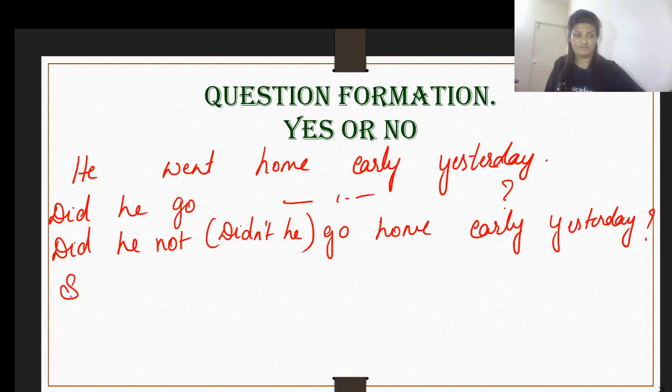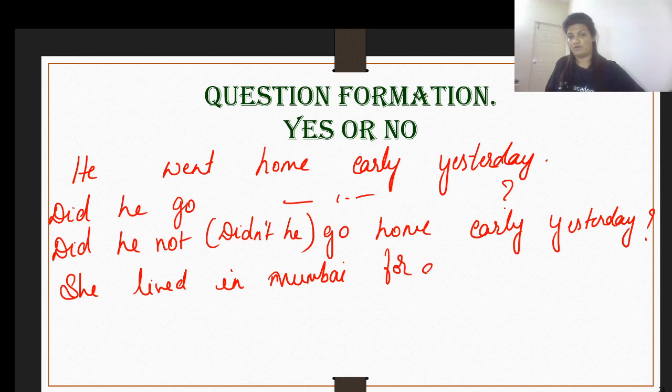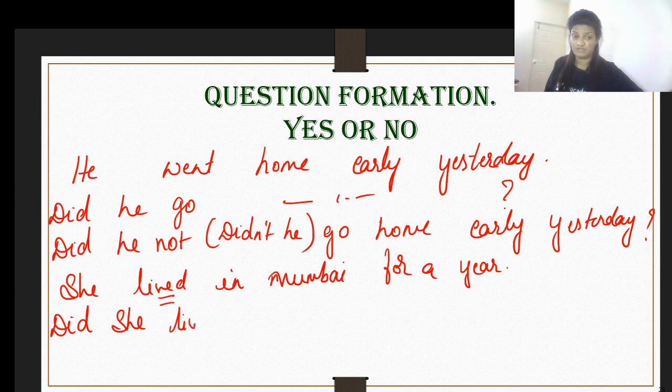With she, the example that I gave you earlier was she lived in Mumbai for a year. That's your statement. Now convert that into a question by introducing the word did, she, and convert lived into live in Mumbai for a year.